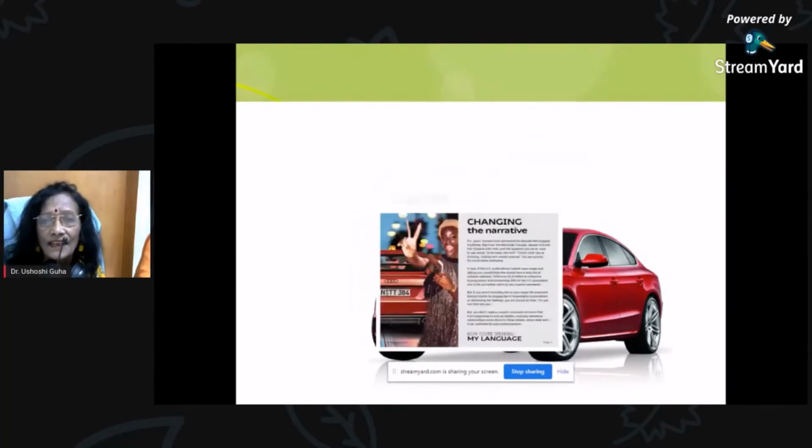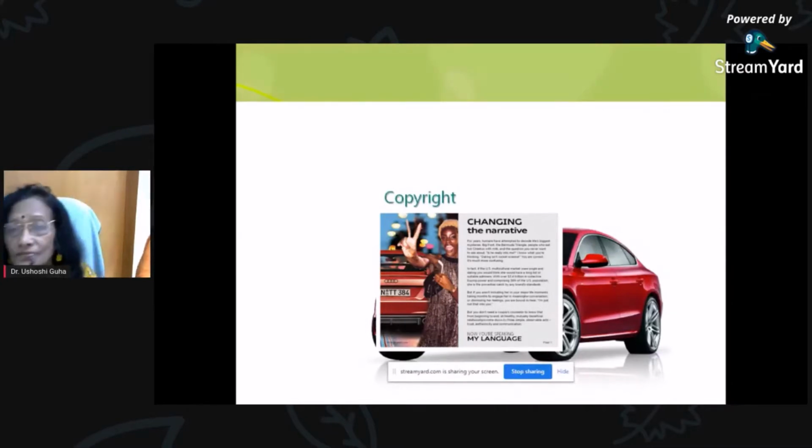The next one, just see, this is copyright, changing the narrative. A lady, a model, is showing a victory sign and narrating something. There can be copyright of the narrative. That is also an IP because IP covers your copyright, trademark, patent. I'll go one by one. For this car, we first saw what part of it would have trademark.